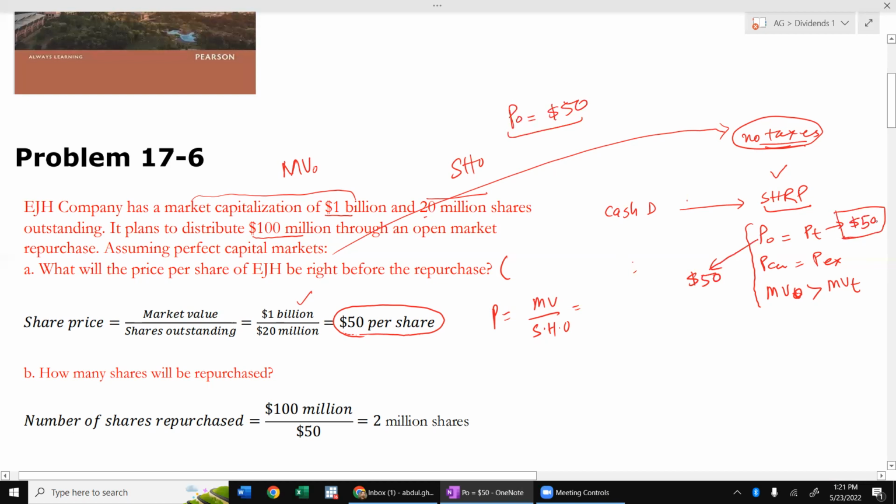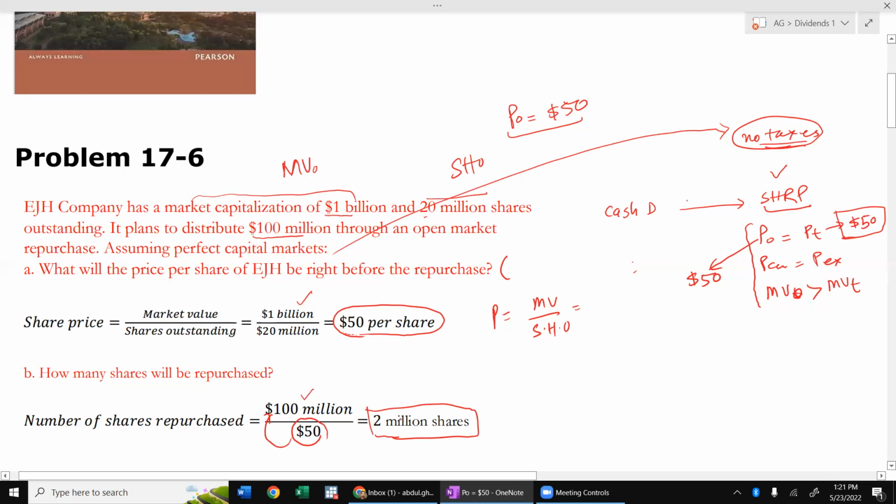So how many shares will the company buy at this price? First of all, it's a very easy case. How many shares can we buy? How much cash is being distributed, and at this price, how many shares can we buy? 2 million. So at a price of 50, when the company distributes 100 million, the company can buy back 2 million shares.